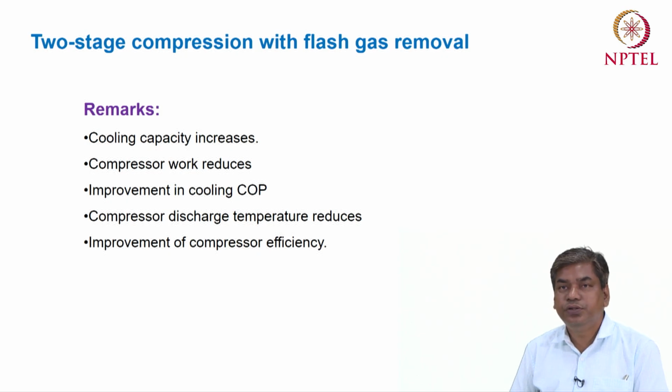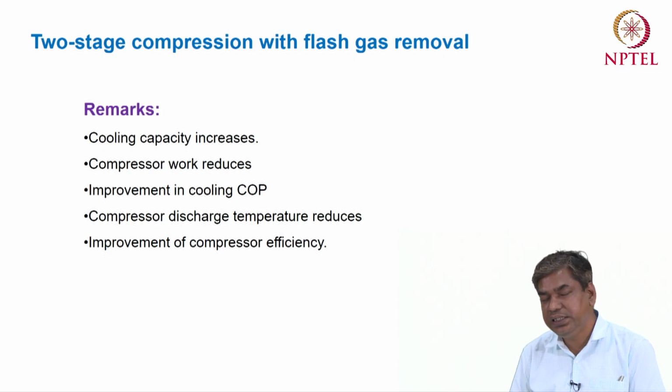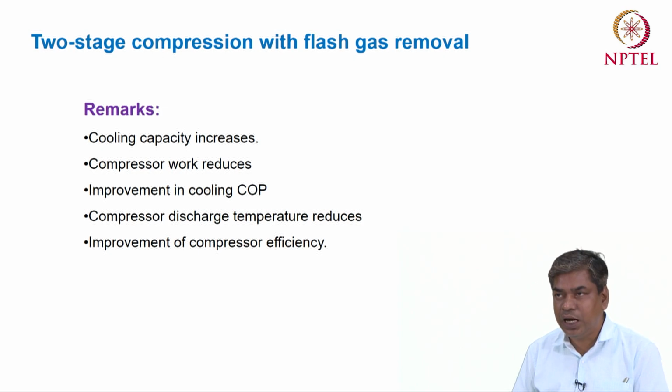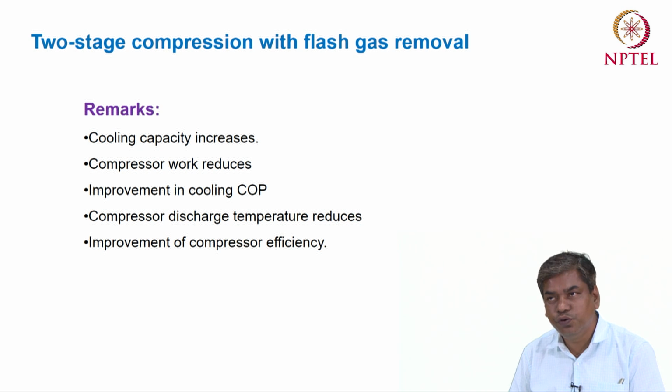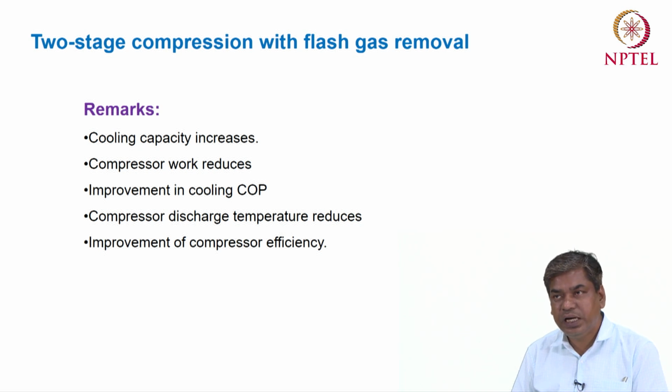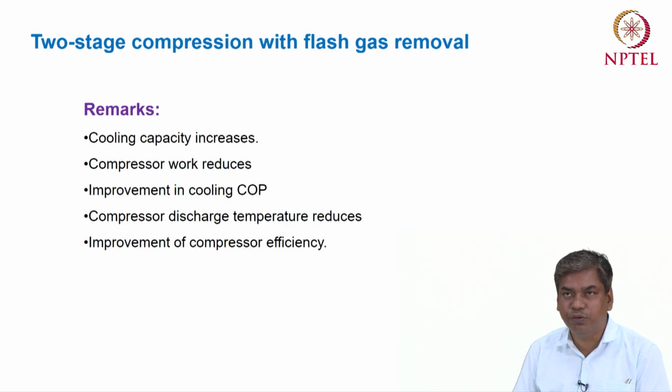For this system also, the outlet of the low pressure compressor, that is state point 2, the refrigerant is again intercooled, that is, cooled in a mixture, and we get state point 3. Then the second compression occurs from state point 3 in the second compressor.